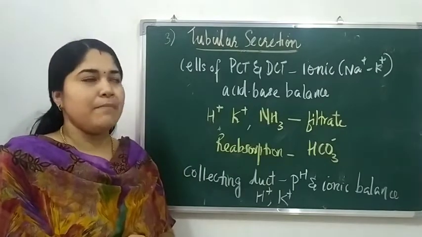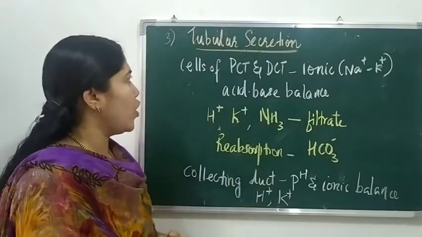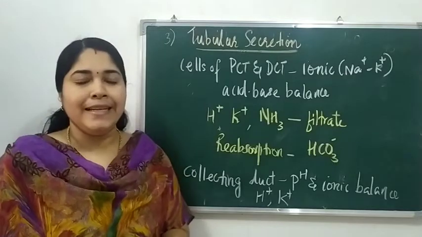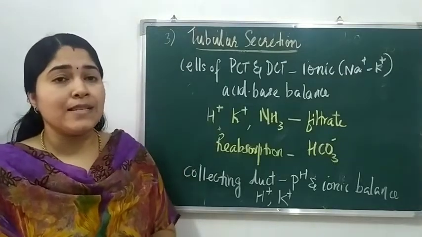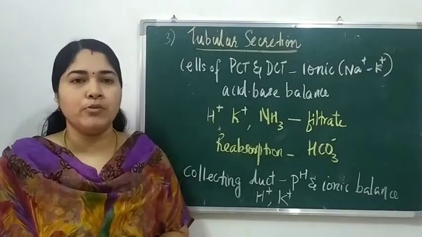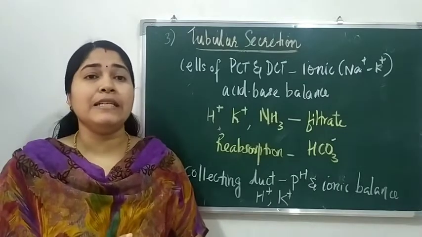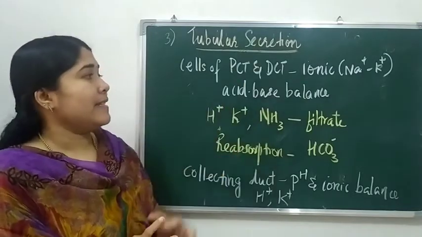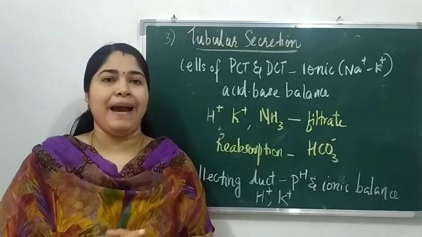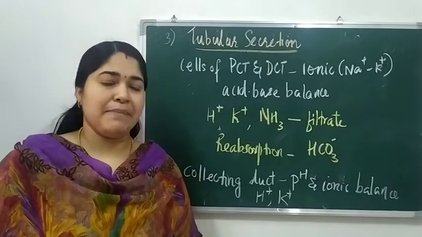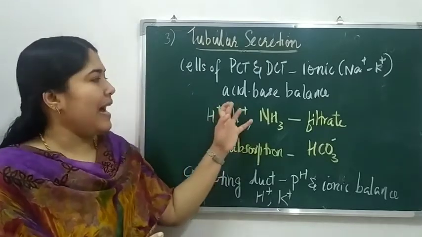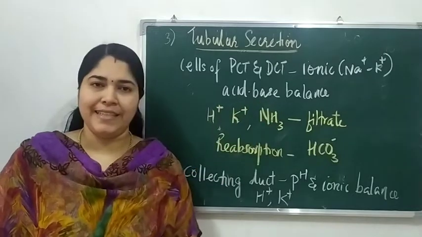So the third step of urine formation is called tubular secretion. Here the cells of the proximal convoluted tubule as well as the distal convoluted tubule maintain an ionic balance, that is Na+ K+ balance, as well as an acid-base balance.